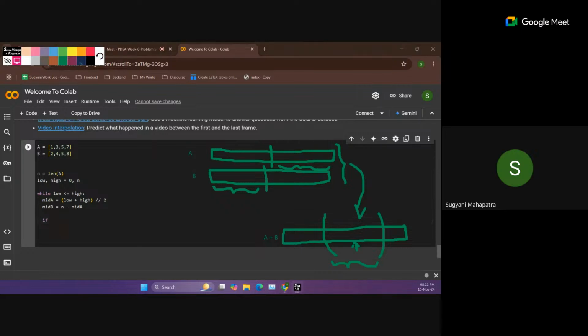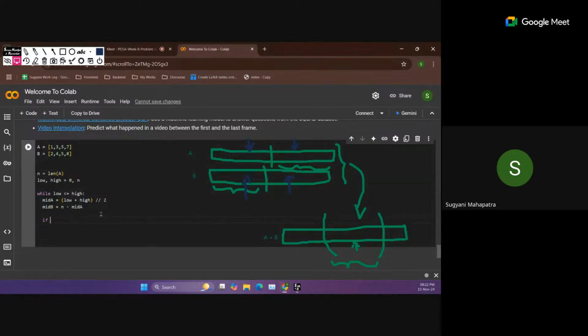Depending on where this middle element is present, we will find some location to the left of it and to the right of it. Similarly, depending on where the middle element for the B array is present, we will find the left element and the right element for B. So how do we find that?